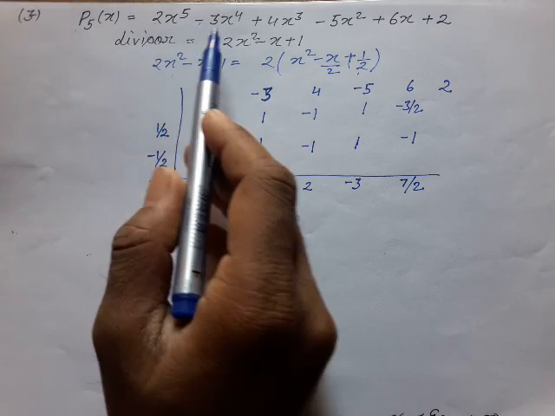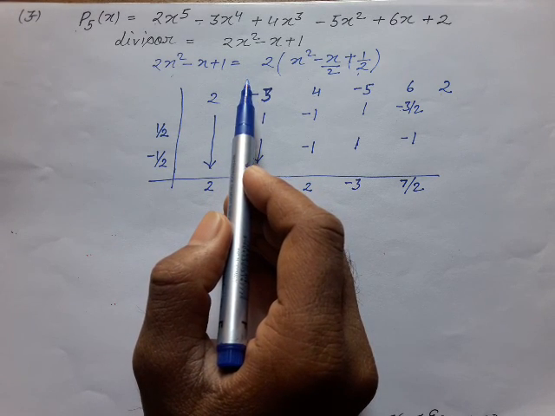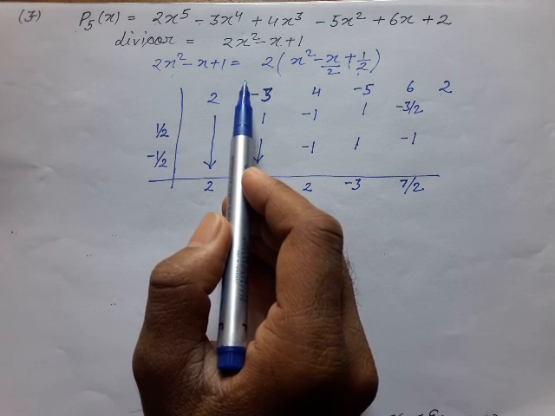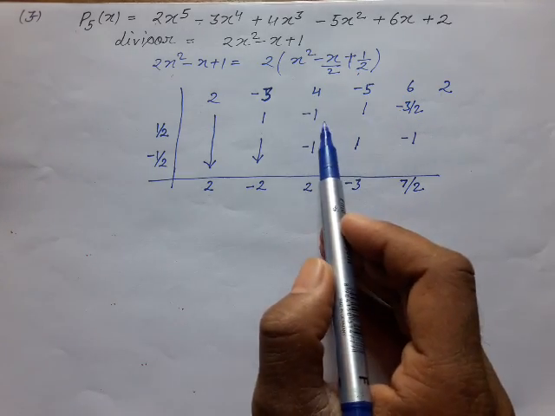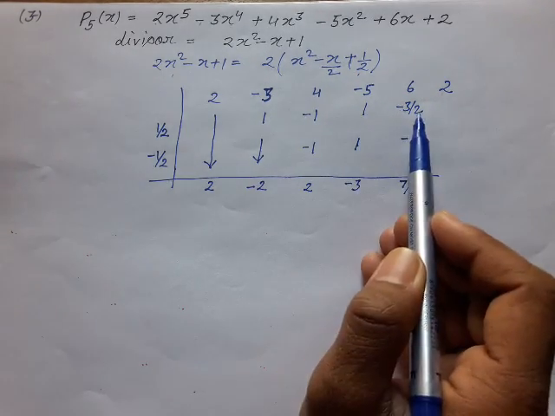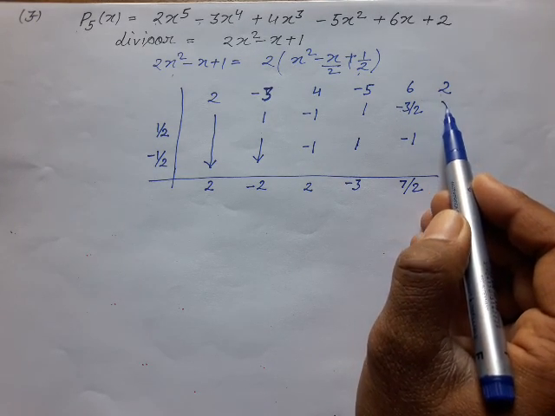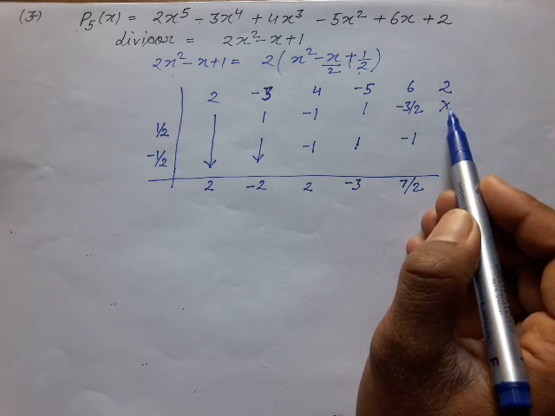Now you can see that the divisor is of 2 degree and the polynomial is of 5 degree. So the quotient should be of 3 degree polynomial, and this should have only 4 terms, and we have already found 1, 2, 3 and 4 coefficients, so there is no need to find here, so we write down blank.